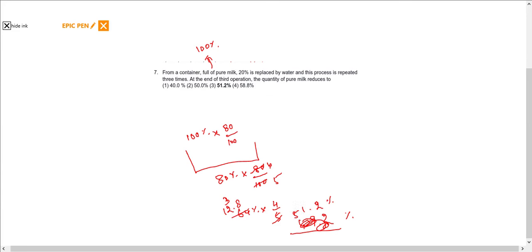Okay, that is my answer. After 3 operations, the quantity of pure milk that is going to remain is 51.2%.